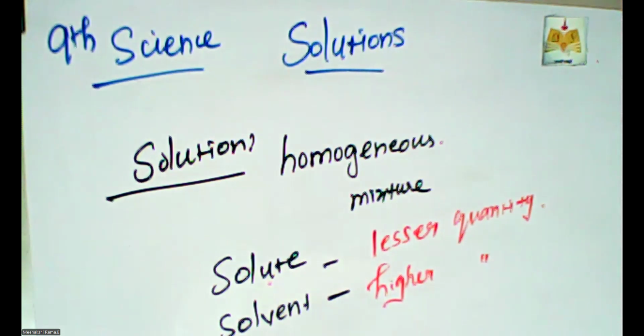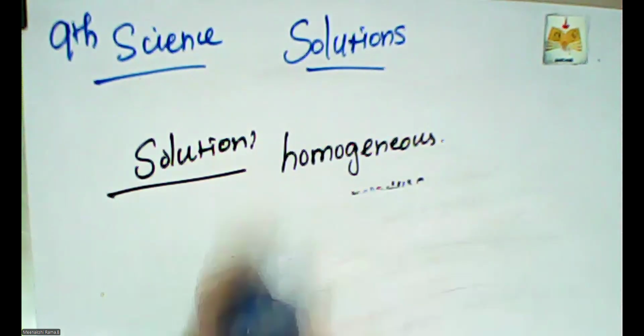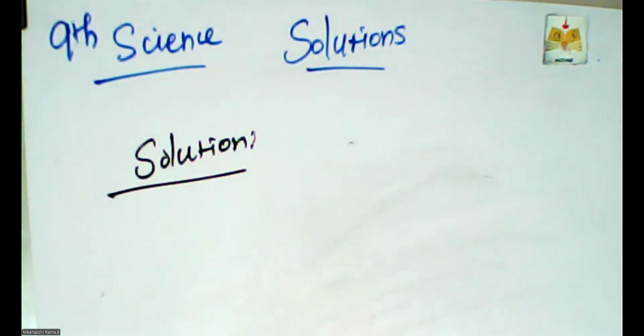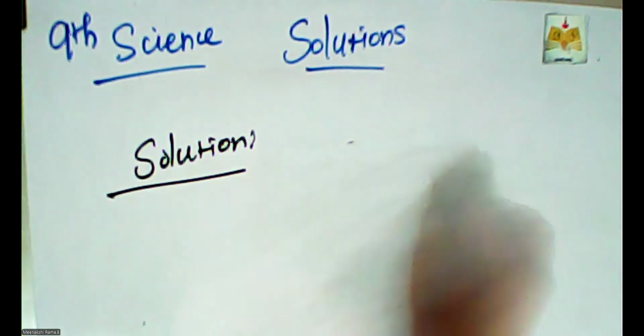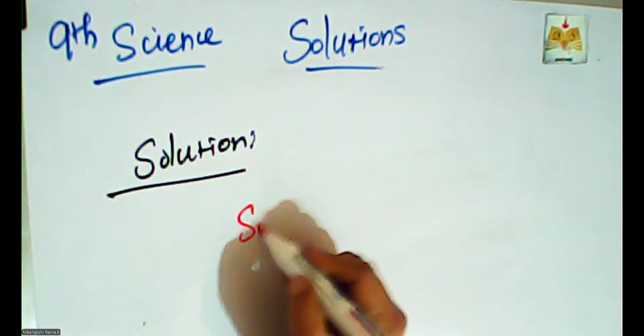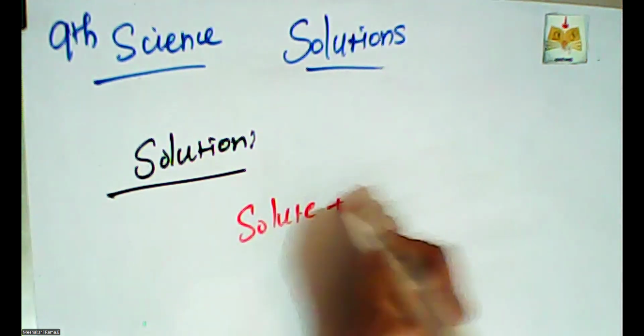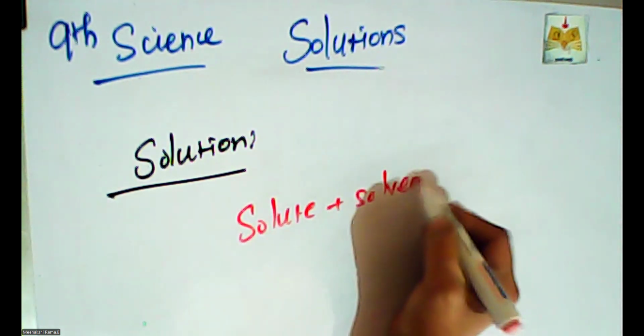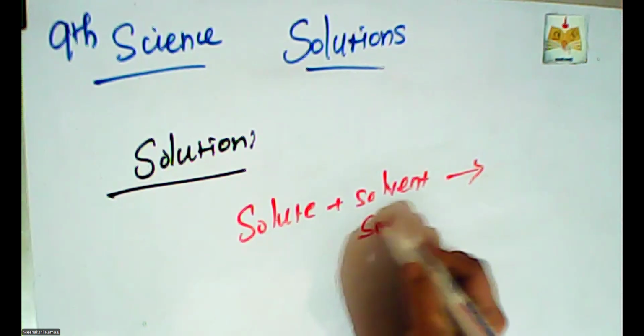What is a solution? Solute plus solvent. How is a solution formed? These two components join to form a solution. Solute plus solvent, we will get the solution.